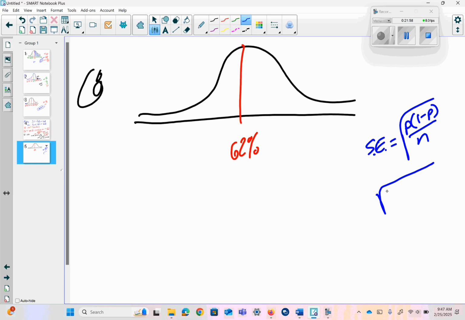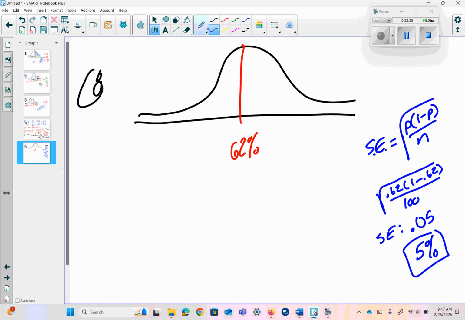So we're going to go 0.62, 1 minus 0.62, over 100. If we do that math, we find our standard error is roughly 0.05, which is 5%.